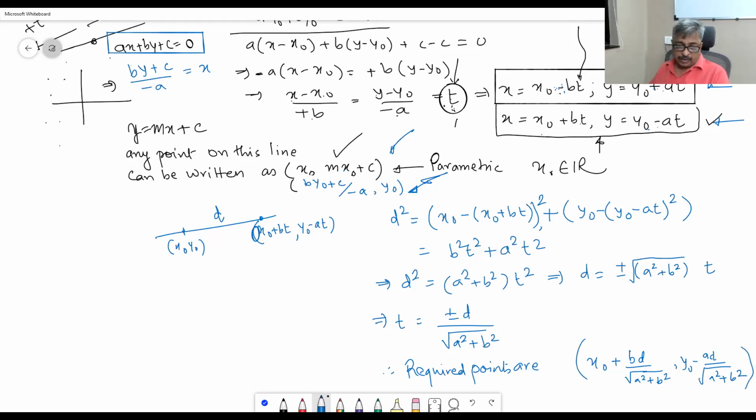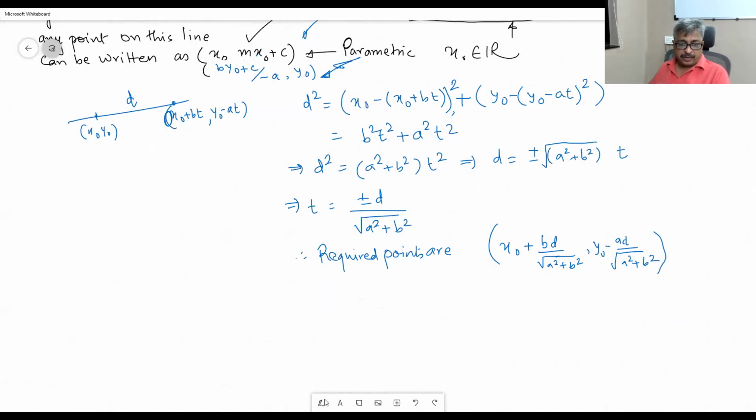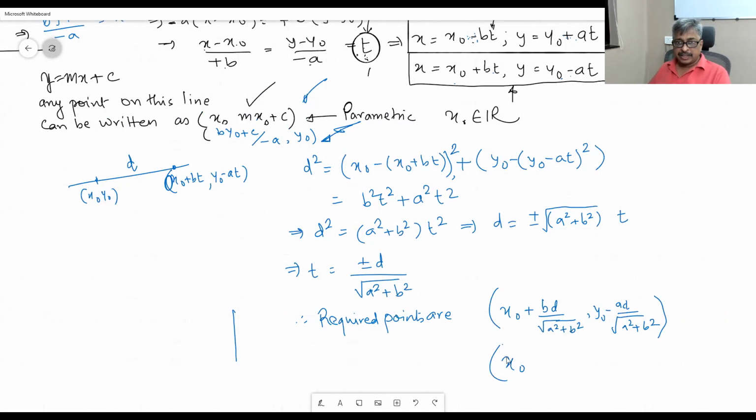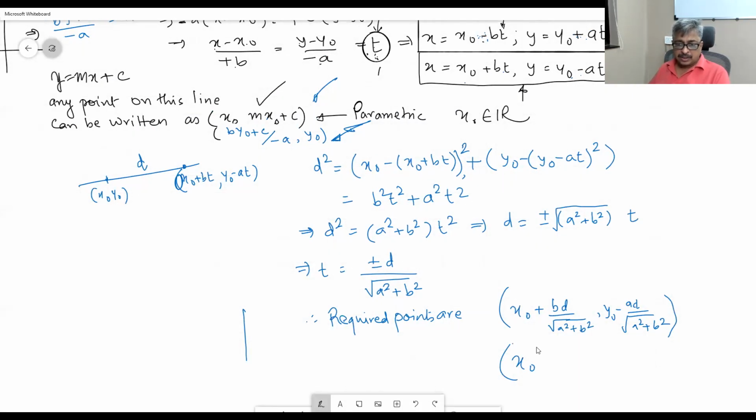One ordered pair, and the other ordered pair is x naught. If I substitute minus d upon radical a square plus b square in the parametric equation, x naught minus bd upon root a square plus b square, comma, it is not fashionable to write minus here, it is to be written here, y naught plus ad.